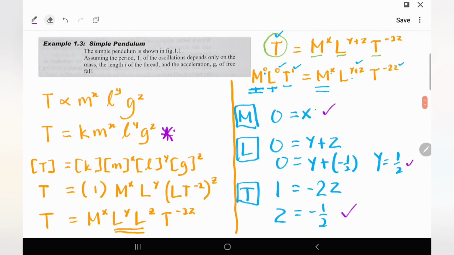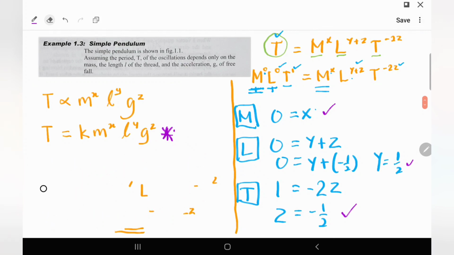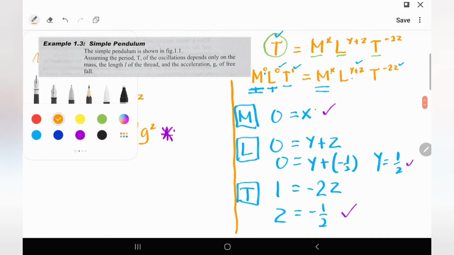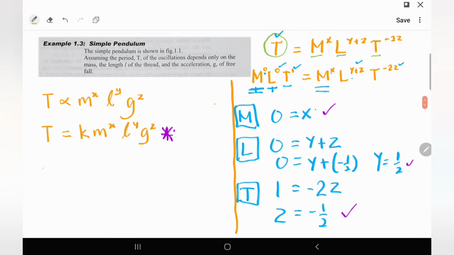Alright, so according to the equation generated before, what do we have now? So that T equals K M to the power of X. X we got before is 0. And then L to the power of Y. What is Y? Y equals half.